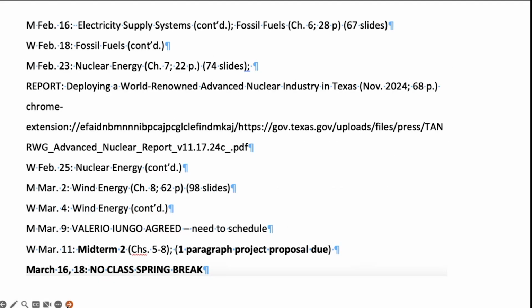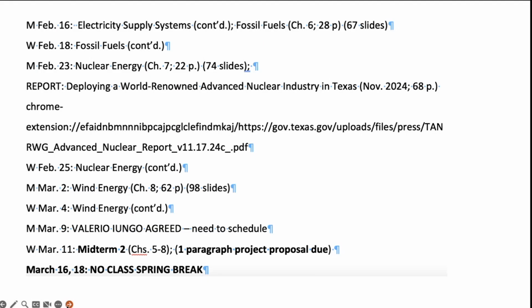Then after that, we'll finish up electricity supply systems. And these lectures are going to slip a little bit, but we've got time. Then we're going to switch over to fossil fuels. And it's kind of interesting the way that fossil fuels, even though they're by far the most important source of energy for the world, and certainly the United States, are sort of treated like, oh, we don't want to talk about them.